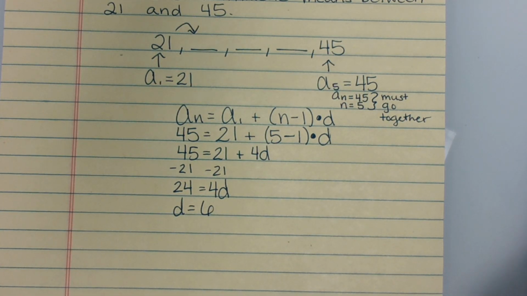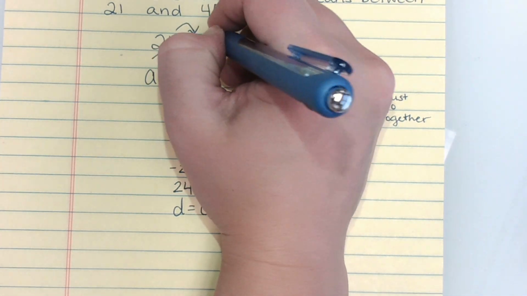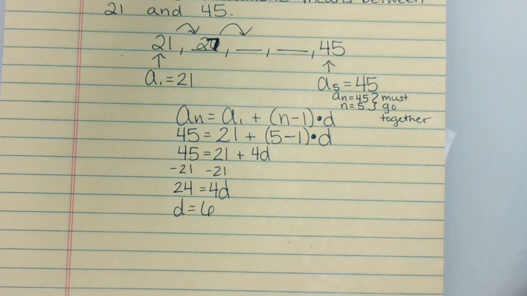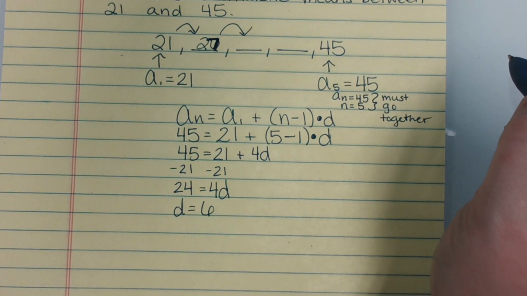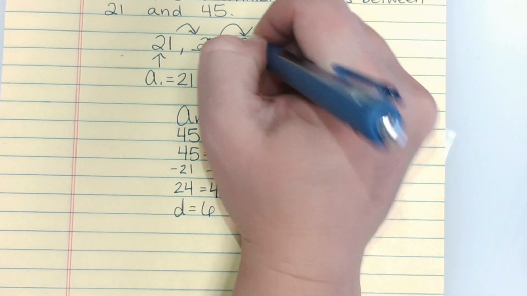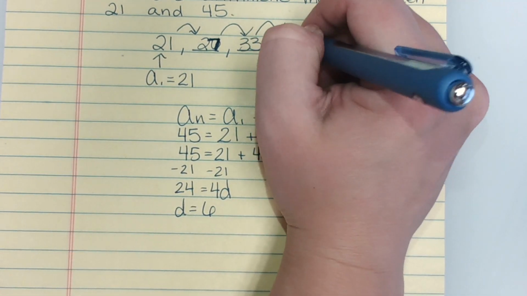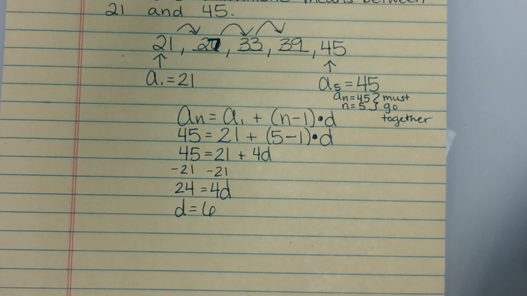What's 21 plus 6? To get from here to here, add 6. 33. To get from here to here, add 6. 39. How can I check that I did it right?